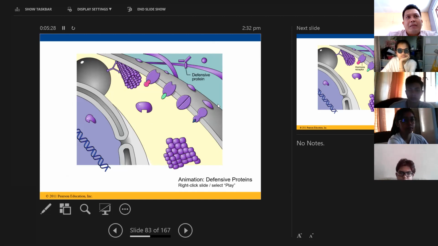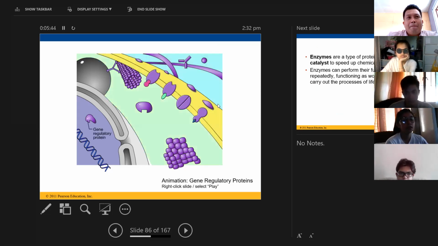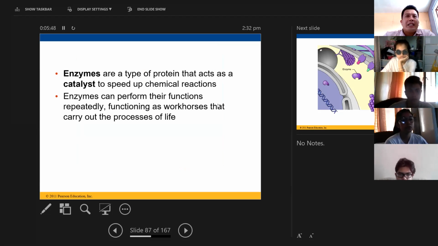These are the B cells, specific B cells in your lymphatic system. Hormone receptor is part of the plasma membrane. Sensory protein is still part of the plasma membrane, but not part of facilitated diffusion. Then gene regulatory protein, that's your DNA, and the like.